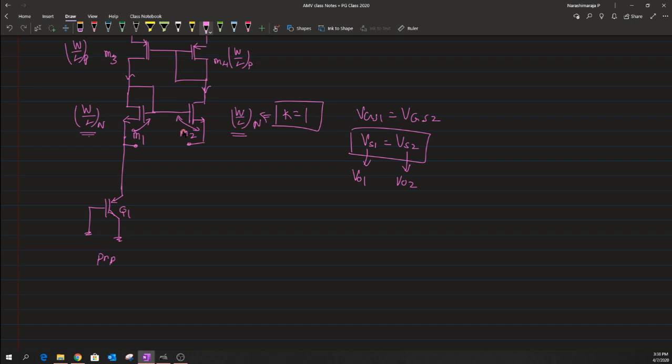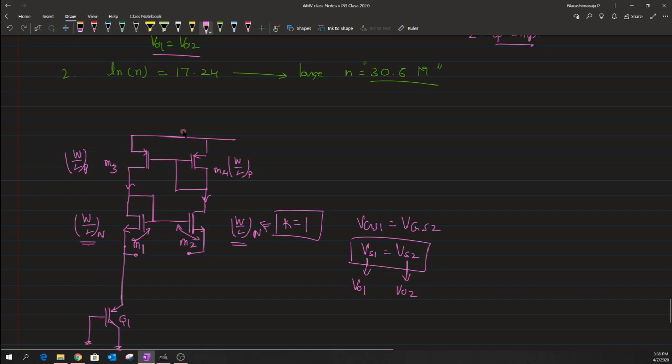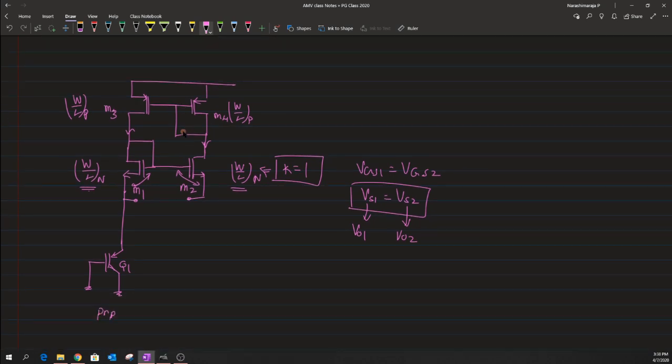So if you are designing a BGR circuit and the technology supports a PNP transistor, then one could use this kind of structure to build it. There is nothing further to discuss about it. The reason is a pretty simple one.